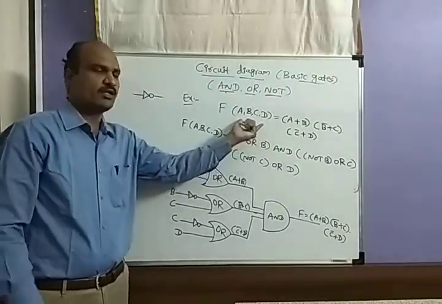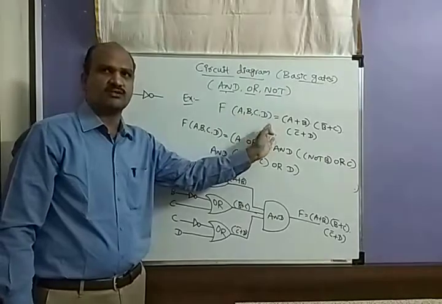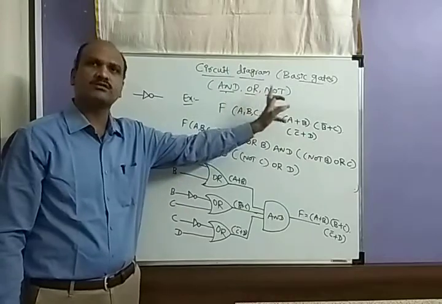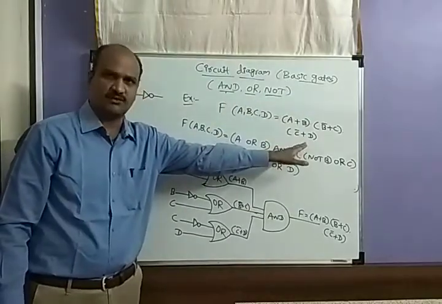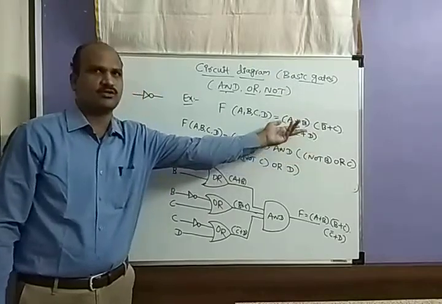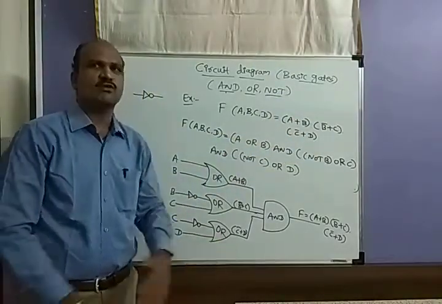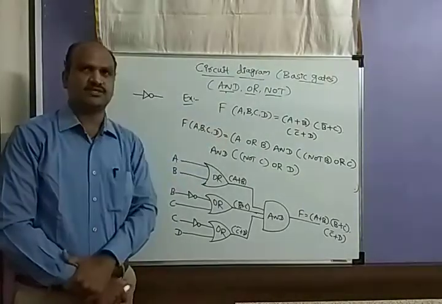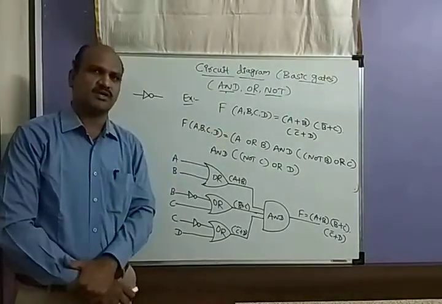They will give an expression and tell you to draw the circuit diagram. Then you have to use the basic gates AND, OR, NOT, for whatever expression they give. If there is a NOT gate, then you have to draw it. If there is no NOT gate, no need to draw. Okay. So this is how you have to draw the circuit diagram using basic gates for any Boolean expression.